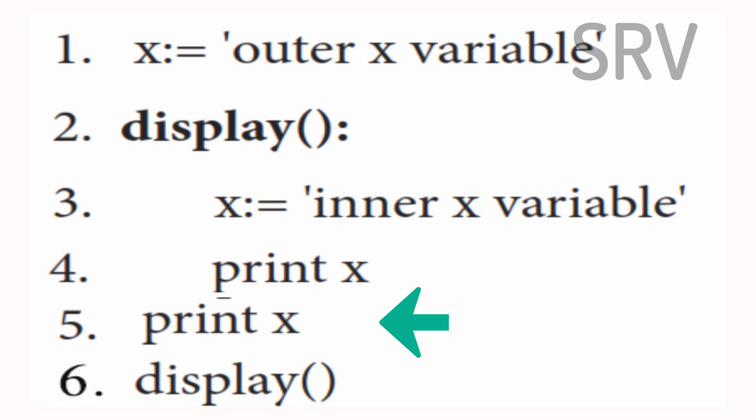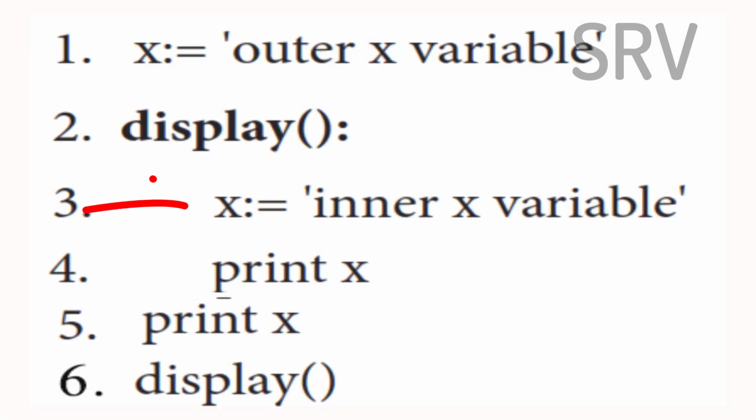We get the output as outer x variable because the another x that is declared inside display function is not known by the compiler until the display function is called. So for now, for the statement 5 print x, the outer x variable alone is known to the compiler.